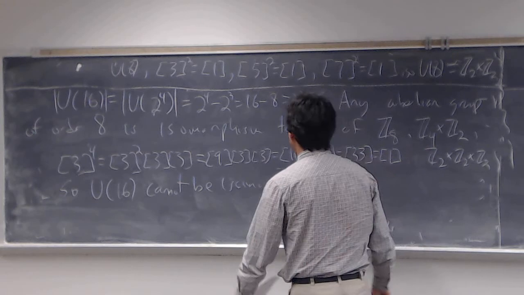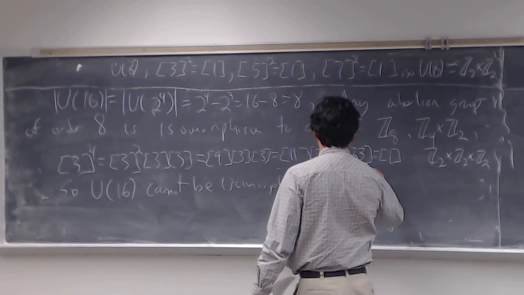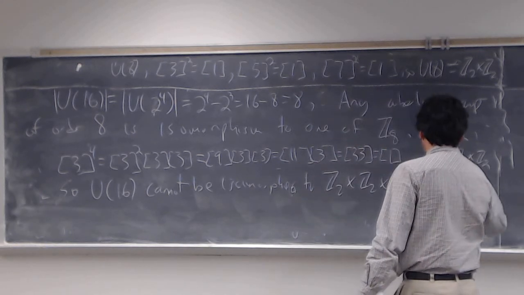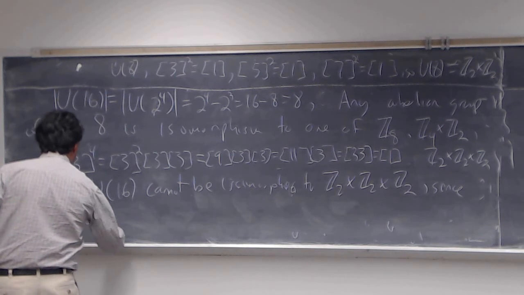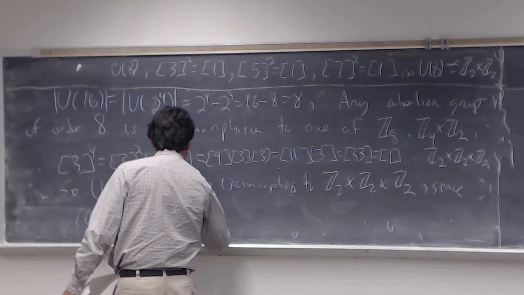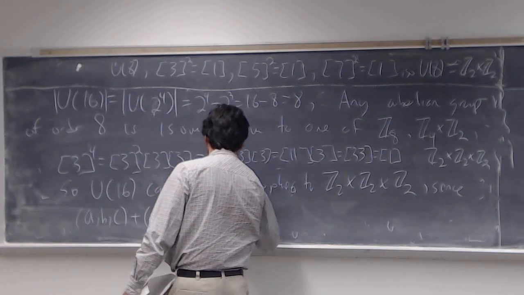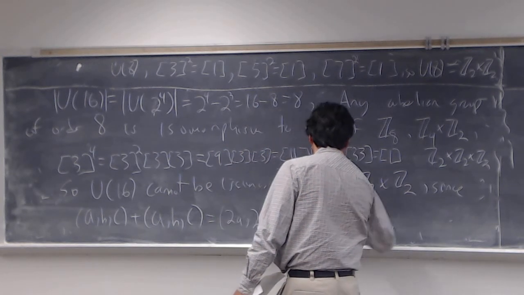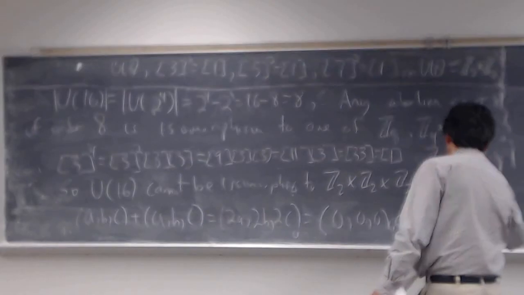So this cannot be isomorphic to Z2 cross Z2 cross Z2, since if we add any element to itself, 2A, 2B, 2C equals 0, 0, 0 in this group.